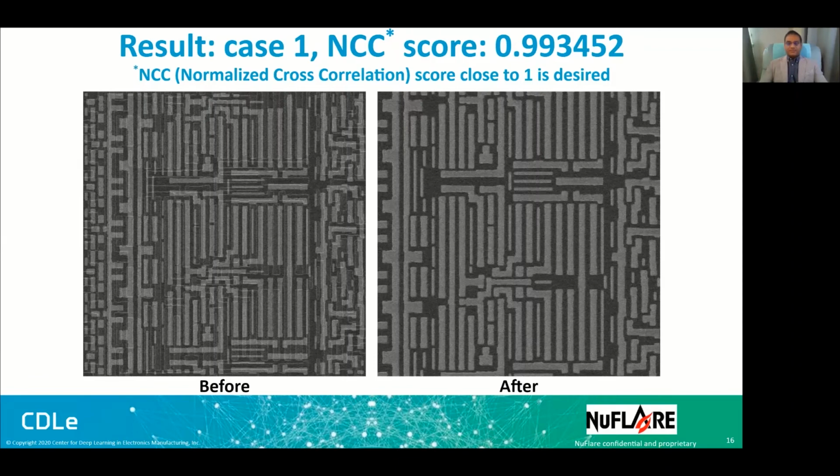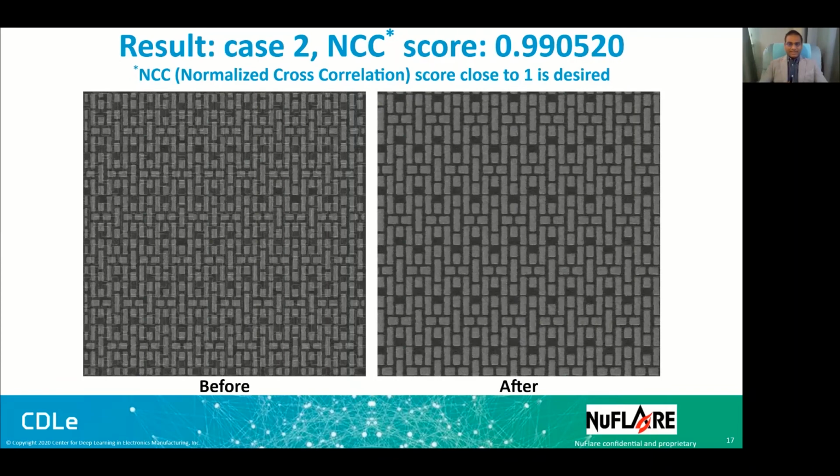A score of 0 means complete misalignment, and a score of 1 means full alignment. Our goal is to get the NCC score for the images very close to 1. In this case, we get a 0.99 score, which is pretty good.